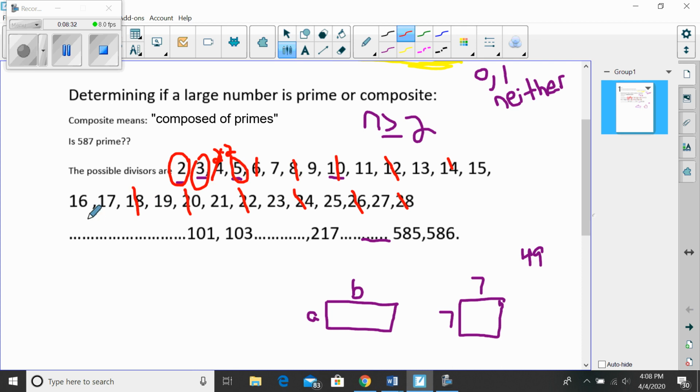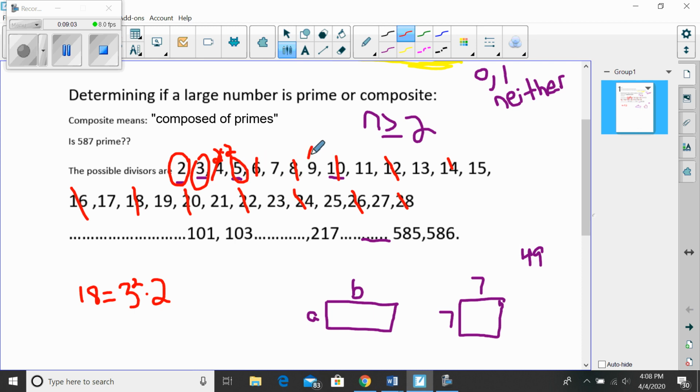If I think about 18, 18 is 9 times 2, so it's 3 squared times 2. 18 is made up of two 3s and a 2, right? So if 2 can't divide this, then nothing composed of a 2 can divide it. Or if 3 can't divide this number, then nothing composed of 3 could possibly divide it.